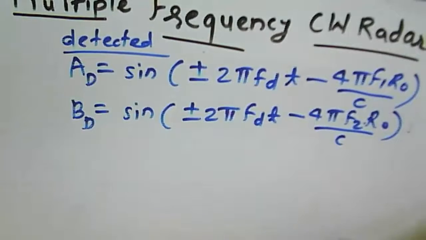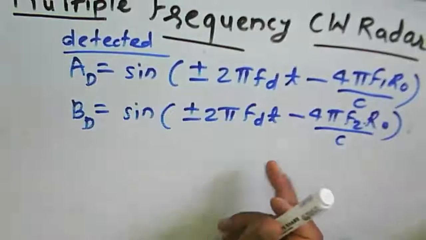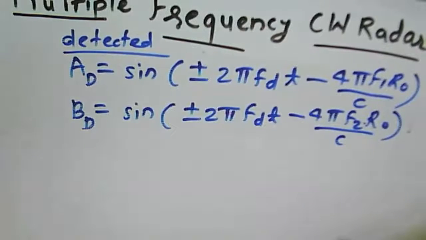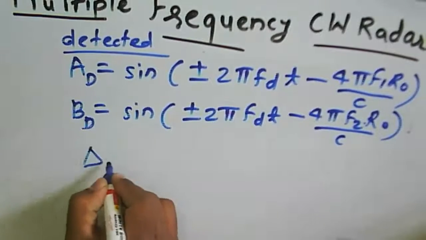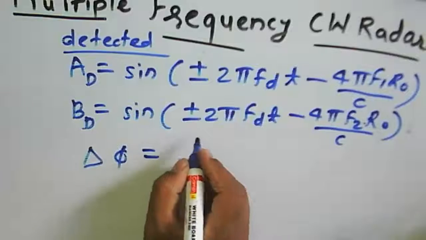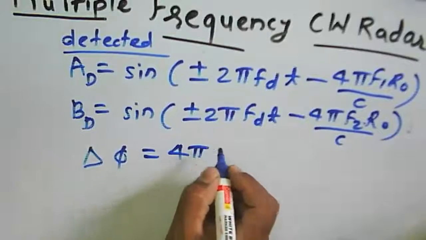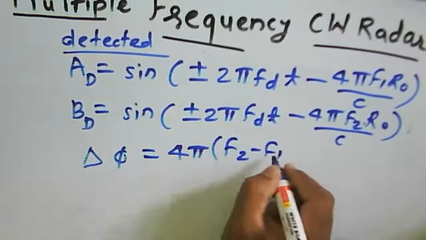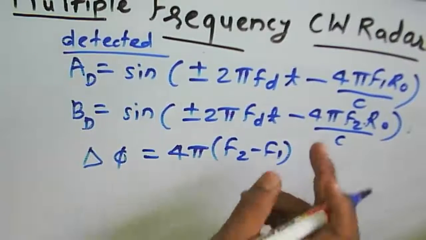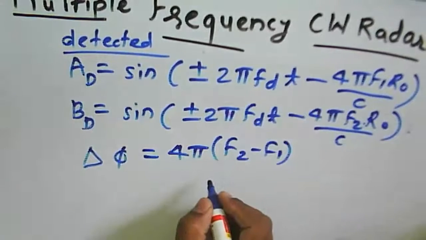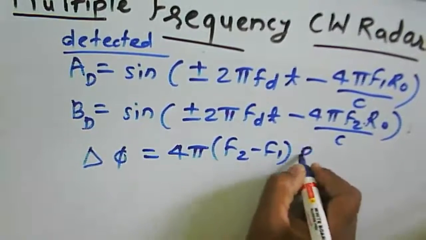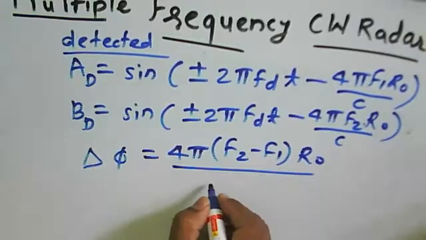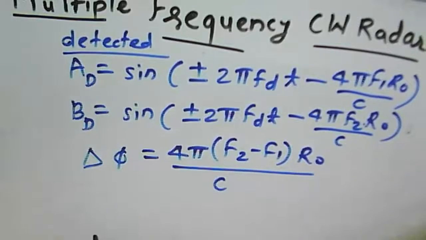And from this, we can find out the phase difference component. This is nothing but the phase difference component. So we can write the phase difference as del phi equal to 4 pi times f2 minus f1, the difference between these two particular components, times r0 divided by the velocity in free space.